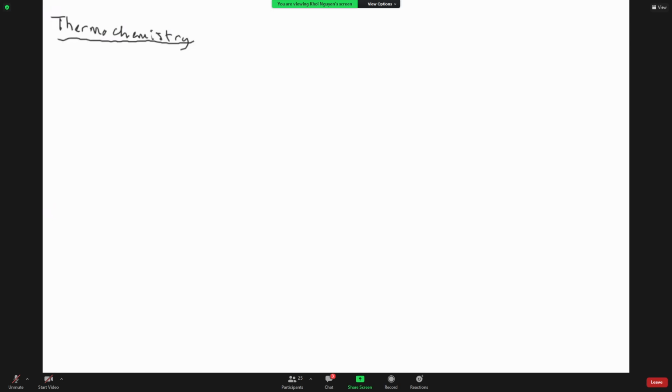So let's start with thermal chemistry. First thing we need to talk about is our energy diagrams: energy versus your reaction coordinate.